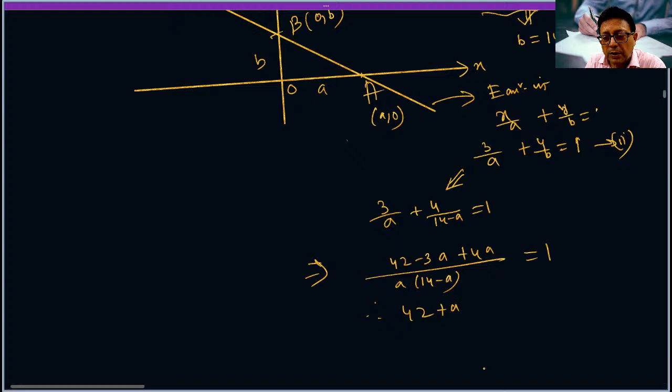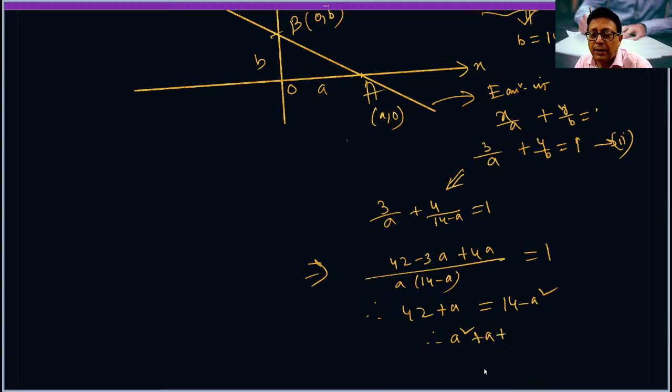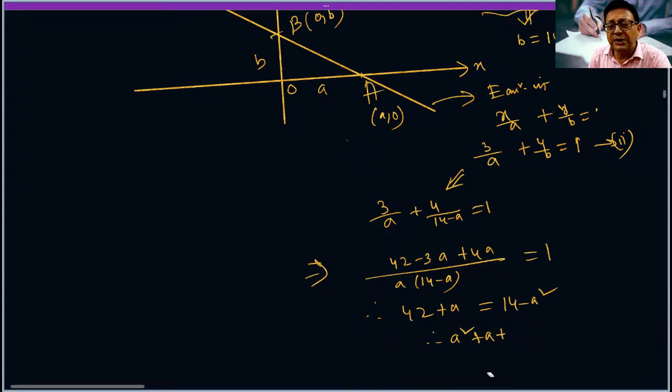Therefore, so A square plus A, wait a minute, this is 42 plus A, 14A minus A square. So A square plus A, 42 minus, it's coming 28.